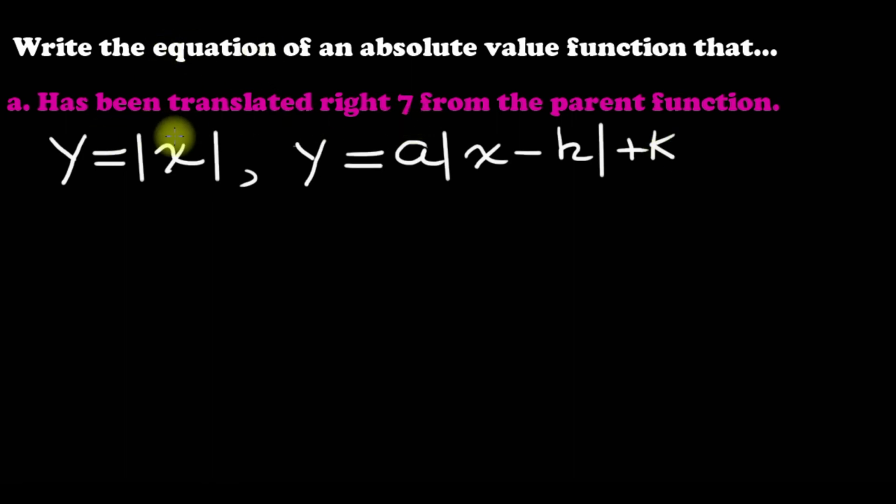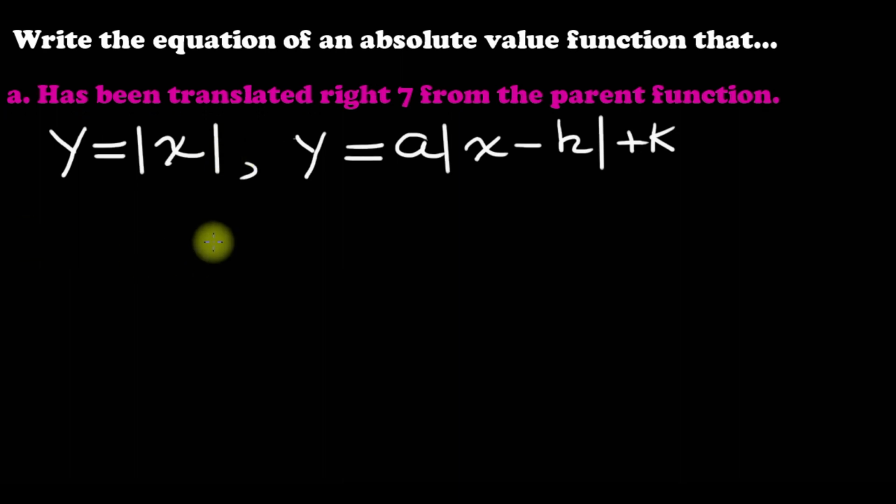So now if you look at this, the a for the parent function is 1. So your a is 1. The h is 0. So the h of the parent function is 0, and then the k is also 0. So you have y is 1, right? There's a 1 there.